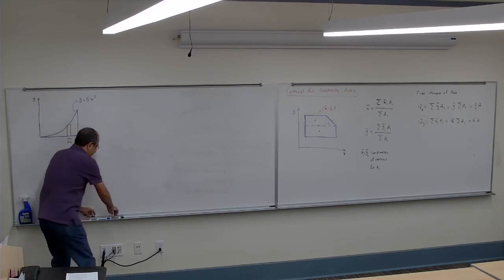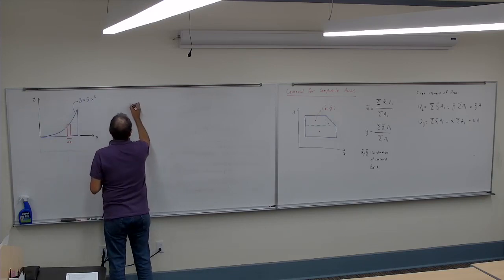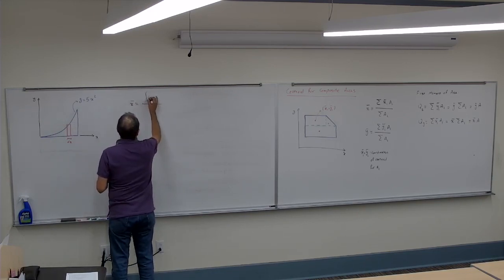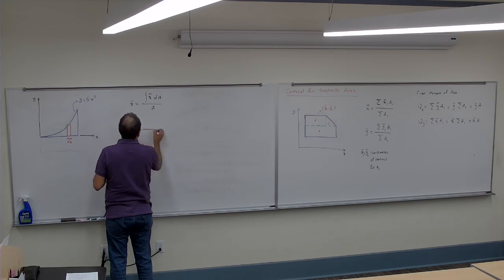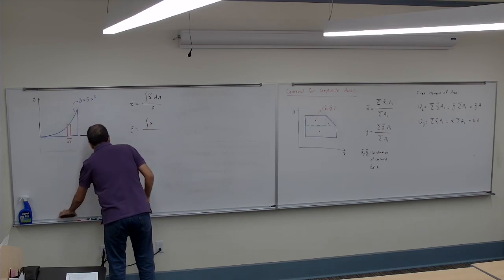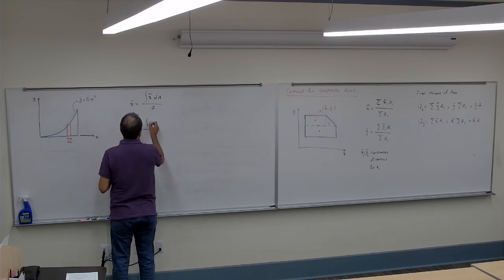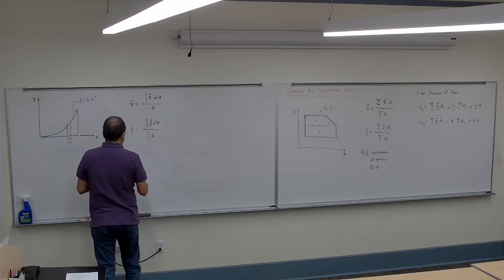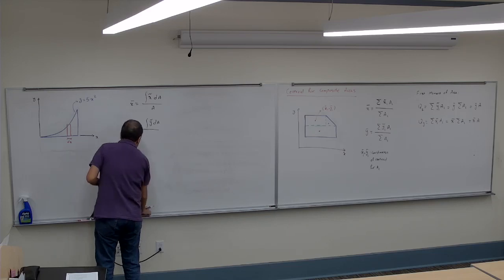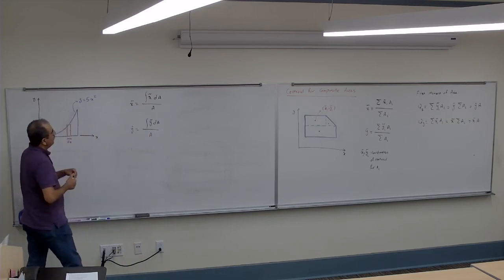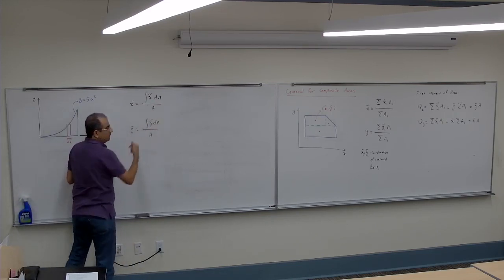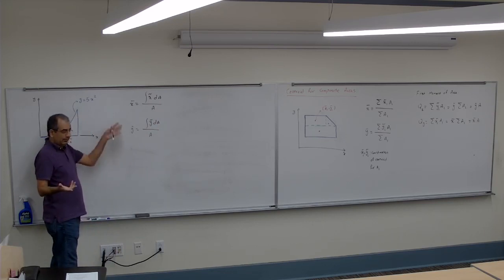So in the formula, x bar is x tilde dA divided by A, and y bar is y tilde dA divided by A. So I have to find the x tilde, y tilde, dA and the A, so I can do the calculation.